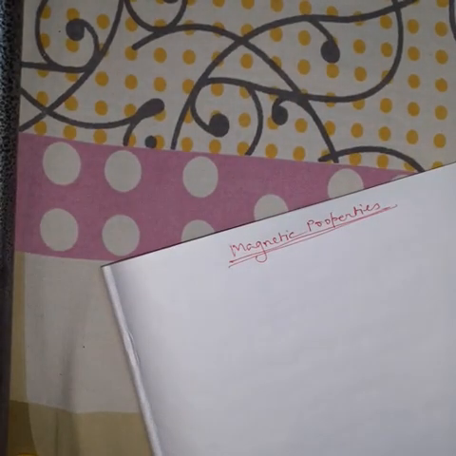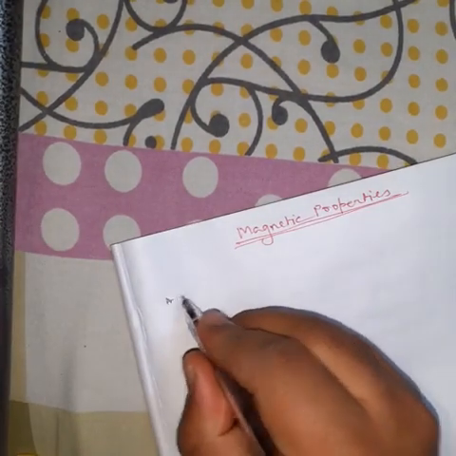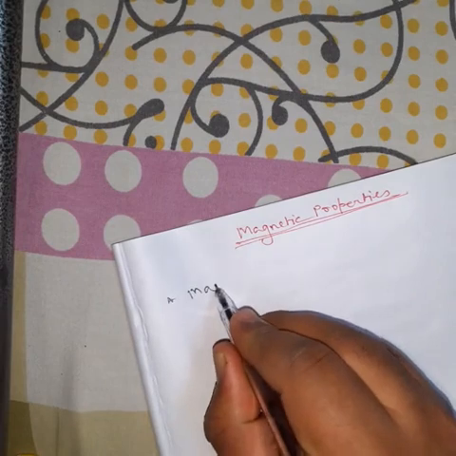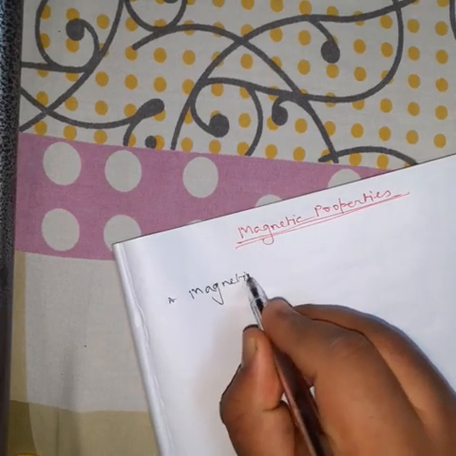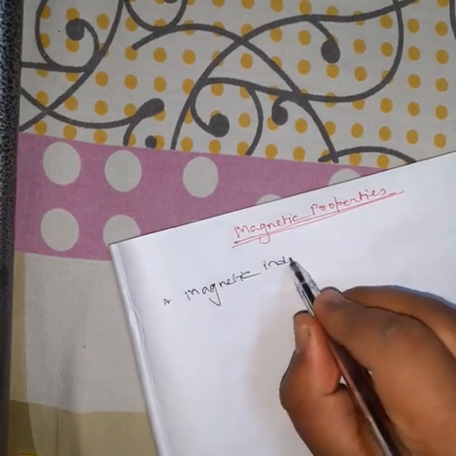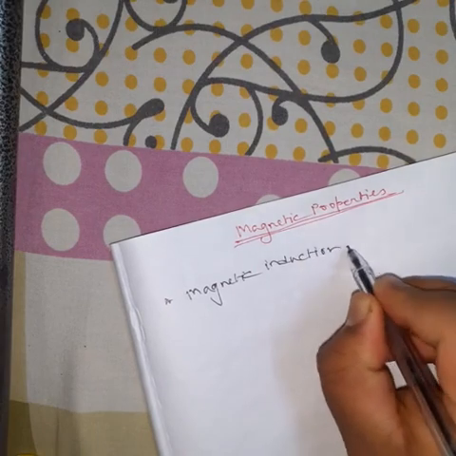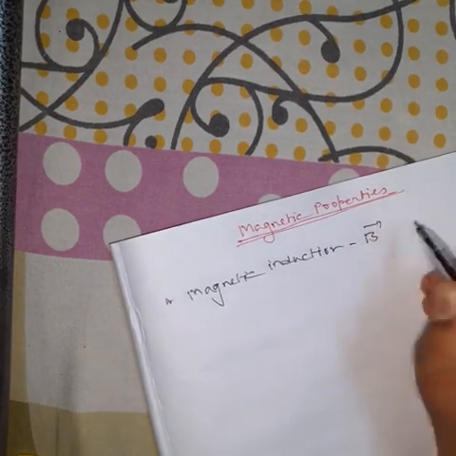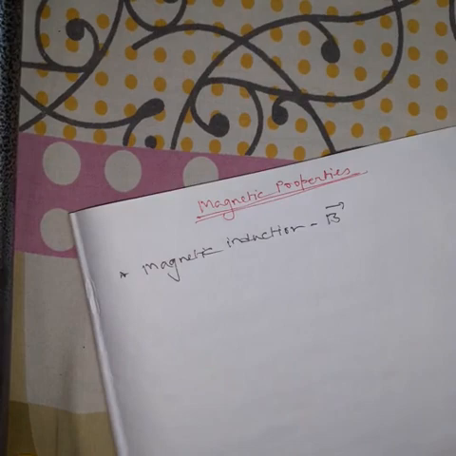So let us first try to understand what is magnetic field and all. Okay. So there is something called magnetic induction. So we have two things. One is called magnetic induction, which is denoted by B. In some books they call it magnetic field also.